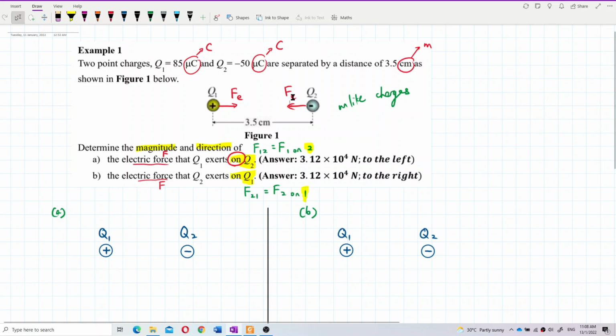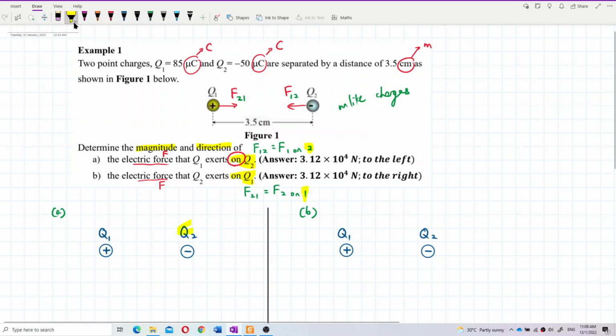To be more exact, I can write this force as F2 on 1, and this one is F1 on 2. So for question A, it is F1 on 2. It is on Q2, which is this one.